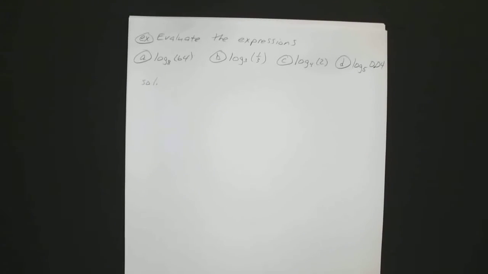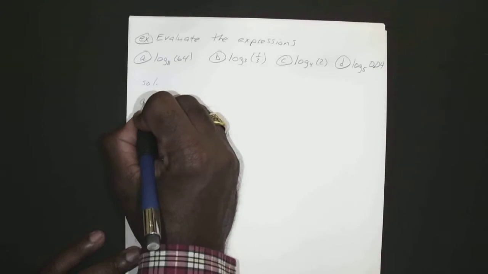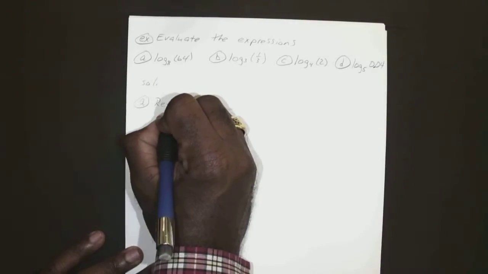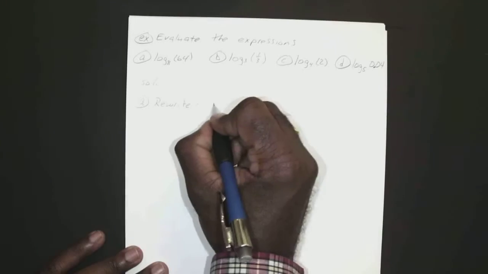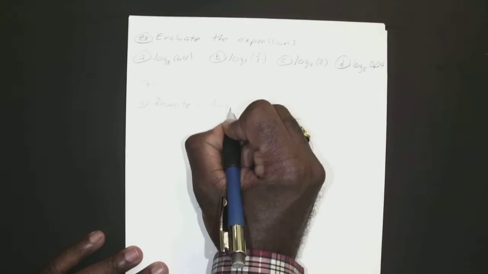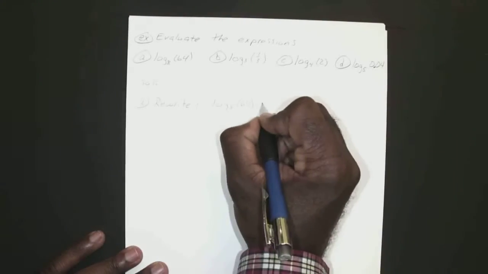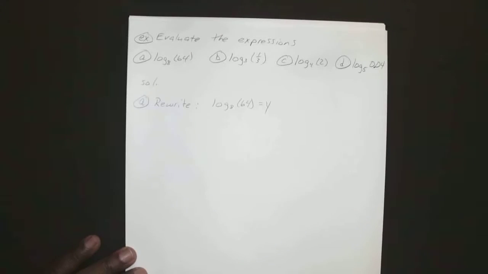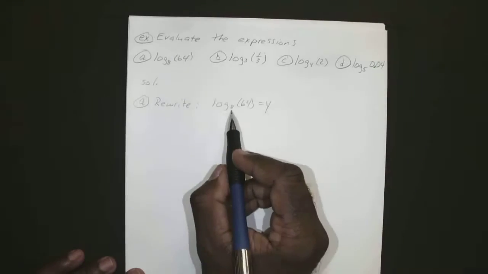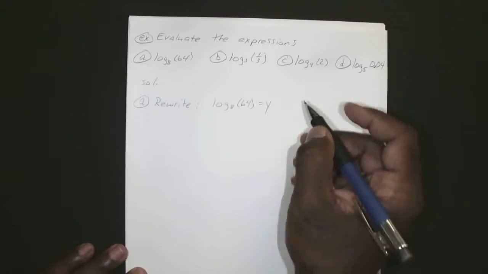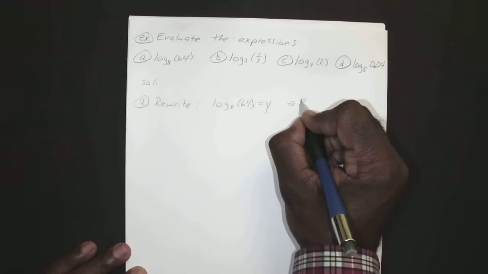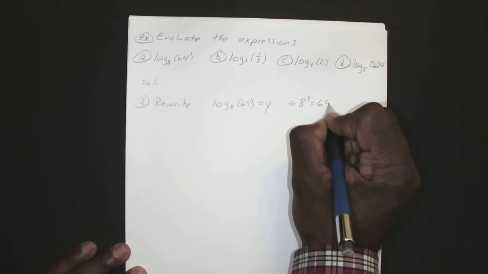So with those, the first thing you want to do is rewrite them. And just rewrite it as log base 8 of 64 equals y. Okay, so now that you have that equals y, you just rewrite it as 8 to the power of y equals 64.